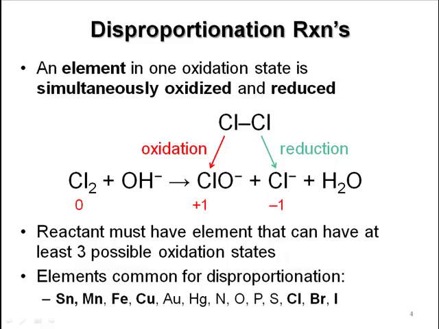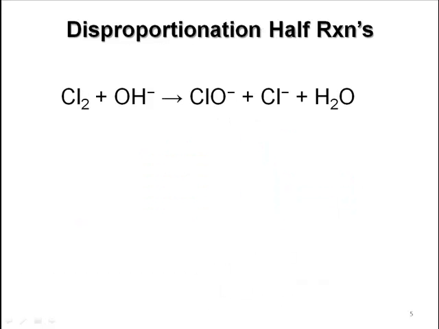And looking up, we can determine some of the other oxidation states as well. For example, the most common oxidation state for chlorine is -1, although, as you can see here, it is +1 as well. So this is one type of reaction where you have a simultaneous oxidation and reduction reaction.